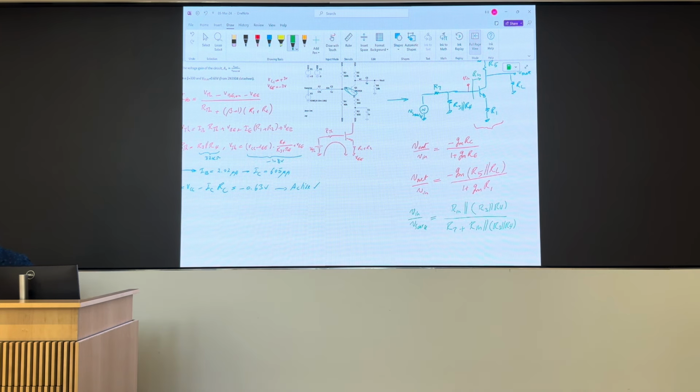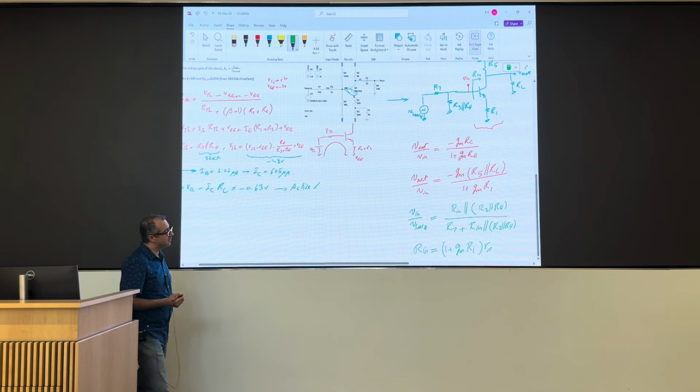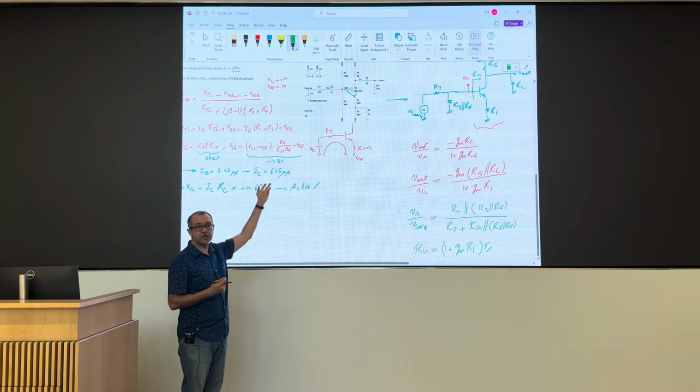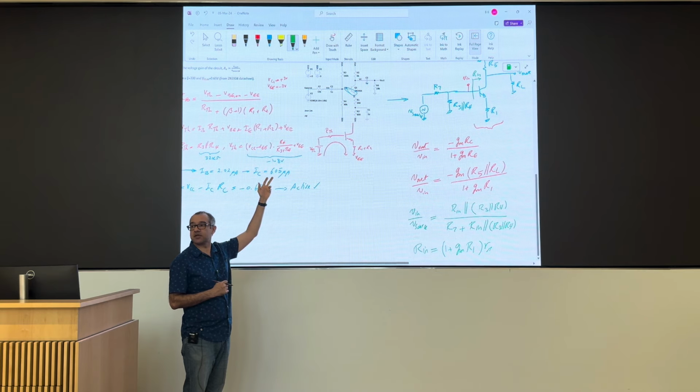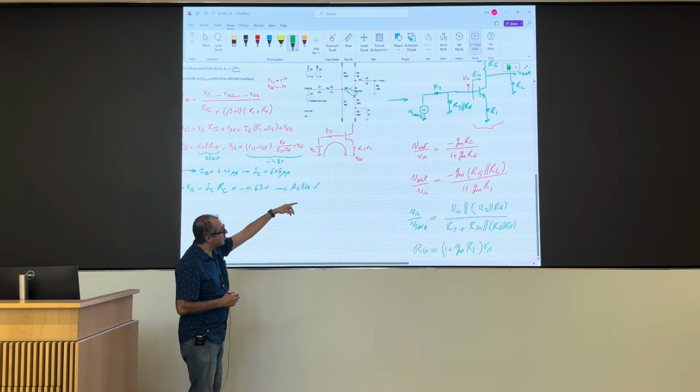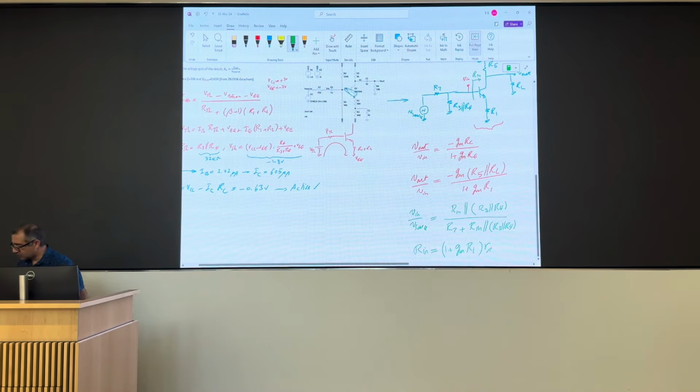And what is R in? R in is (1 plus GM R E1) times R pi. Okay? Now all I need to do is go and plug in values into these expressions. So first thing I need to do is find GM. IC is 605 microamps.